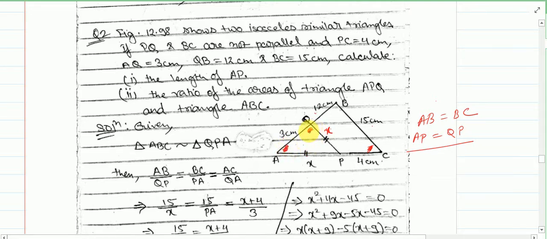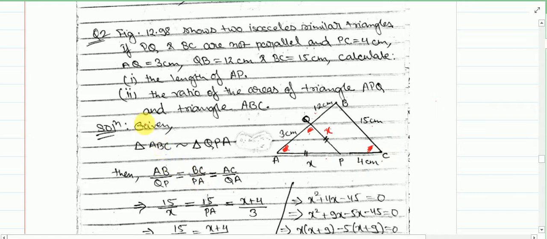Yes, so you can see that this angle equal to this angle is equal to this, and this is common for both. Okay, therefore these two triangles ABC and AQP are similar due to AA axiom. Okay, and in that case corresponding to AP is BC, corresponding to QP is AB, and corresponding to AC is AQ. Clear?